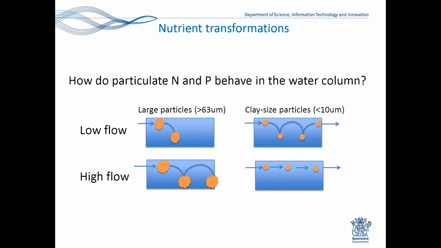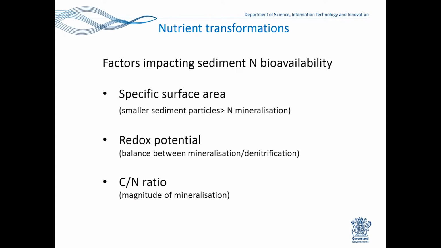On those particles then, let's have a look at some particles moving out of a wetland or even moving into the wetland. What are the important things which are impacting the nitrogen bioavailability of those sediments? First up, it's specific surface area. The smaller the sediment particle, the greater the tendency for it to mineralise nitrogen, just because there's more surface area there, more available substrate for the microbes to start mineralising.